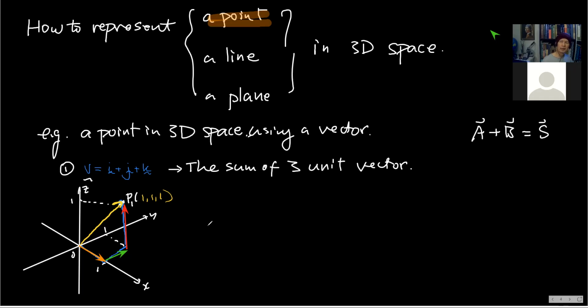Now, how about another position? How about Q? Whose coordinate is -2, -3 and +4. Now, how do we write the position of P in terms of vector? So we just continue our exercise.